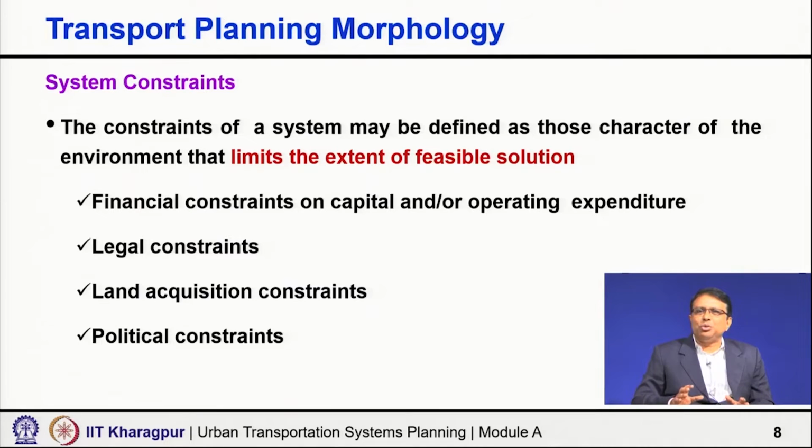That tells you what I cannot do, right. So, then I know what my domain is, and within that feasible domain I have to find a solution which can be implemented. I do not want to come out with a solution which cannot be implemented.